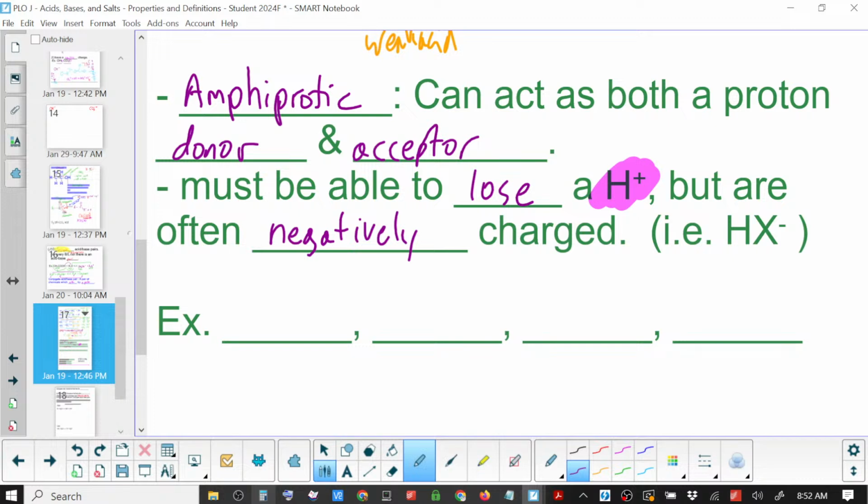They often have a lot of lone pairs of electrons, so they often fit this format, HX minus.